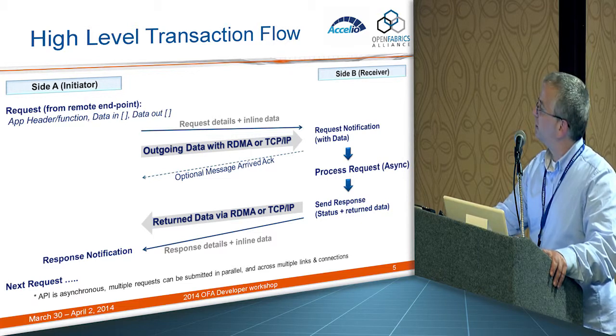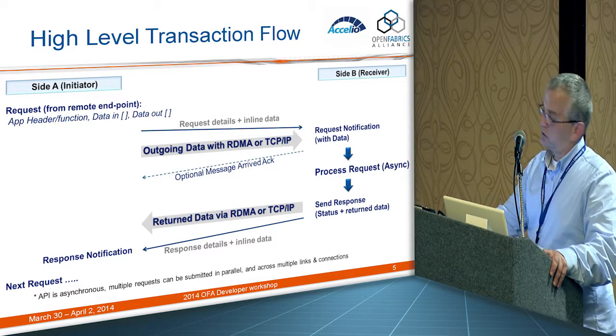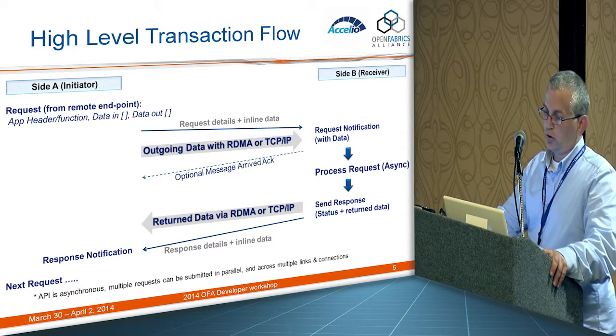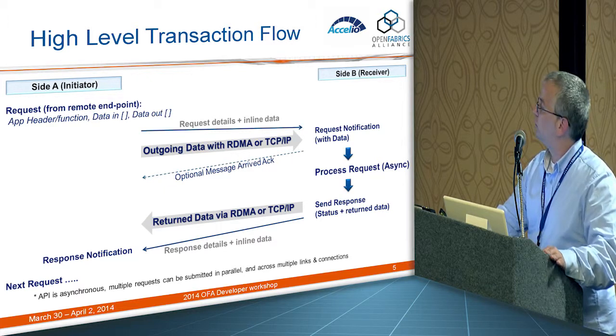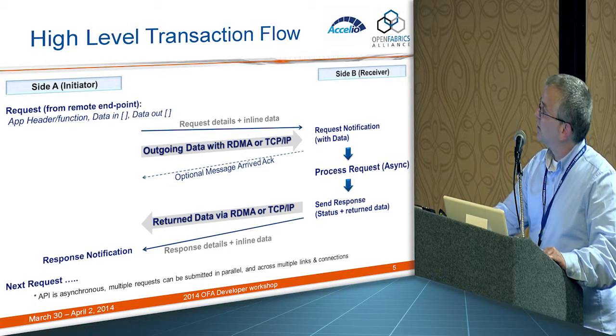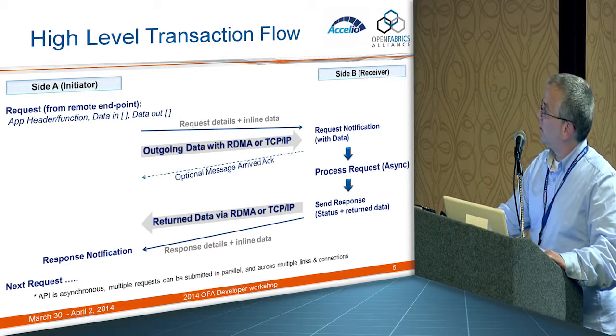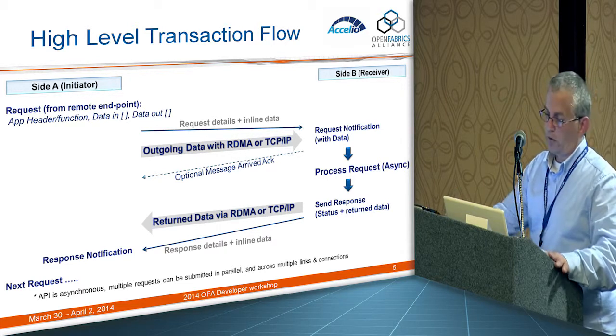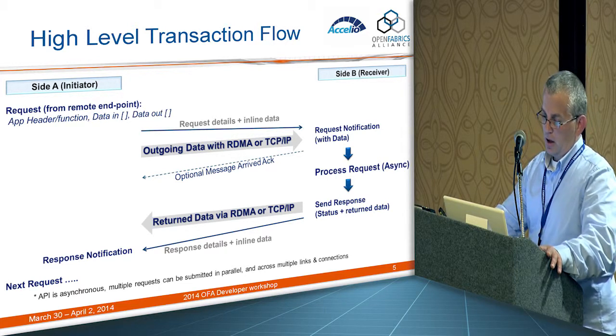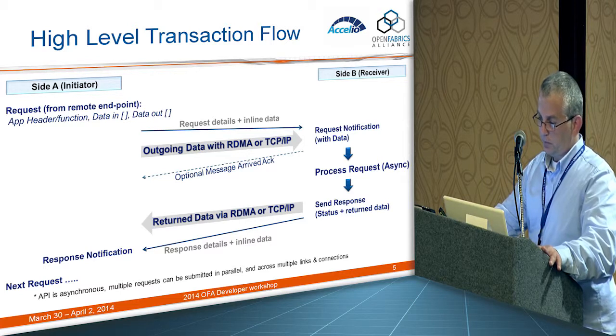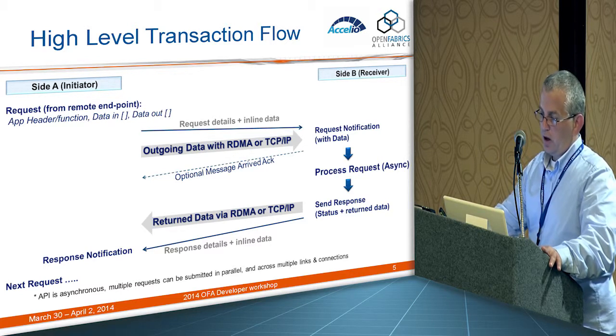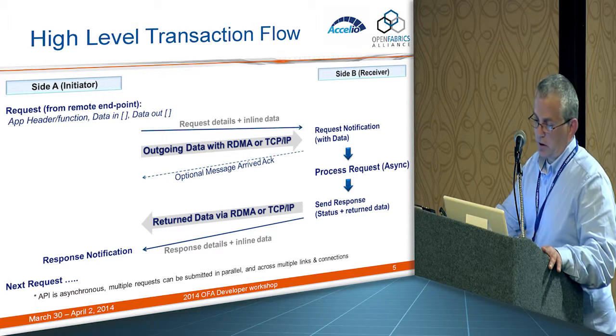It can fill up the data that it wants to send on the outside of the message, and if it's supposed to receive data, it can put its own buffers, which were already registered, on the inside of the message. So data will be put with an RDMA operation directly into the inside of the message. When the message is ready, you send the request.